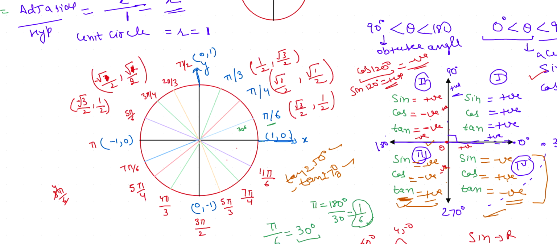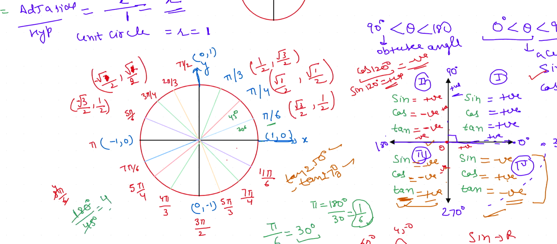Same here is for angle 45 degree. So you have to check the 45 degree is how much part of 180 degree. Just divide 180 degree by 45 degree, then you will get 4.